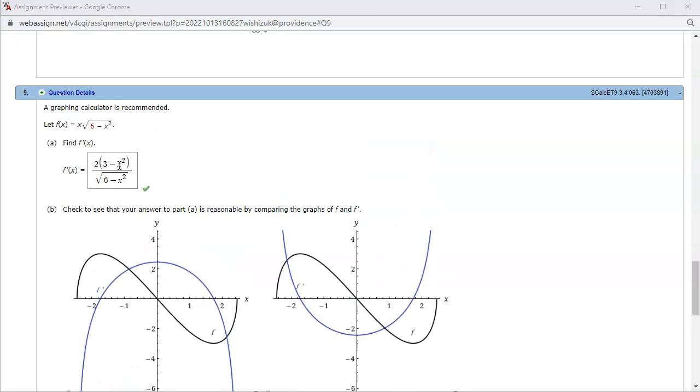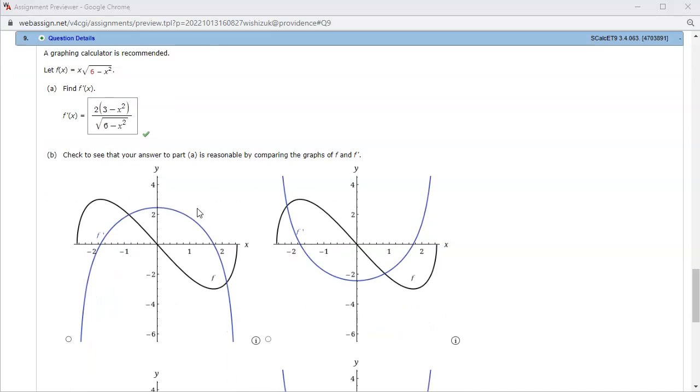If you look at this, the denominator, because of the square root, is going to be positive. 2 is positive. And as long as x is small, between negative square root of 3 and positive square root of 3, it's going to be positive. So the derivative should be positive between negative square root of 3 and positive square root of 3.